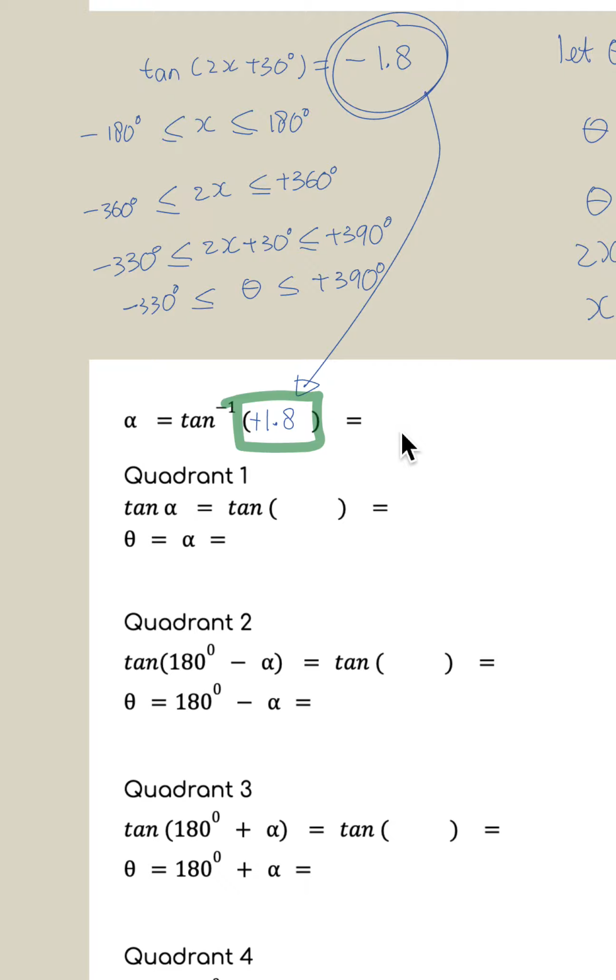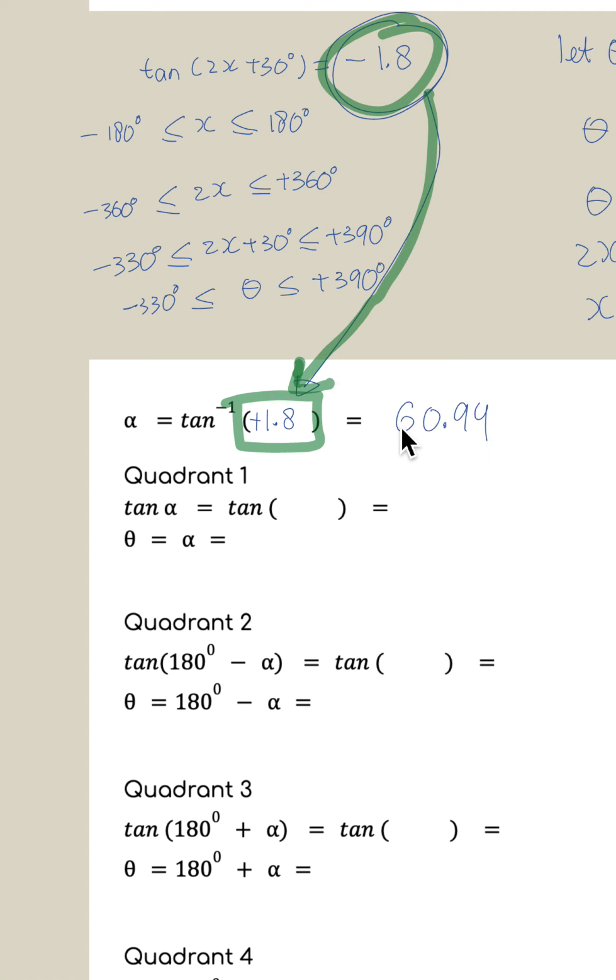So we must find alpha, and remember to use the absolute value of negative 1.8. How much do you get? We just press the calculator for alpha, the basic angle: inverse tangent of positive 1.8, which is 60.94.